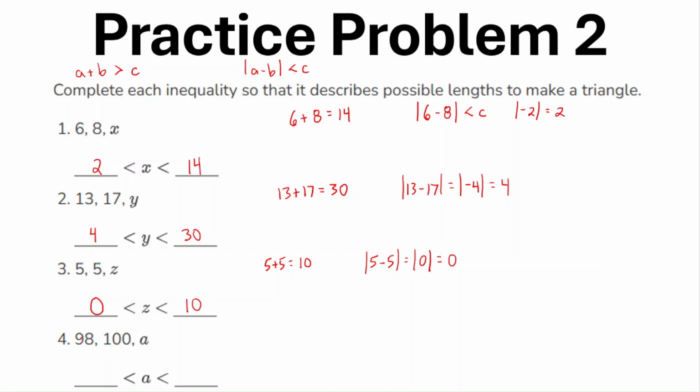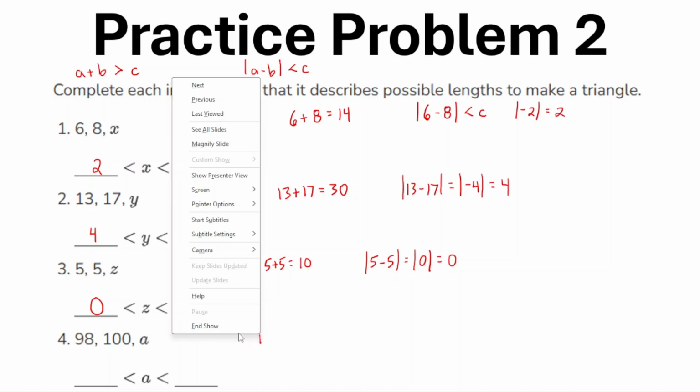And then our last example, number 4. First we can say that A is the long one, so we add these together.